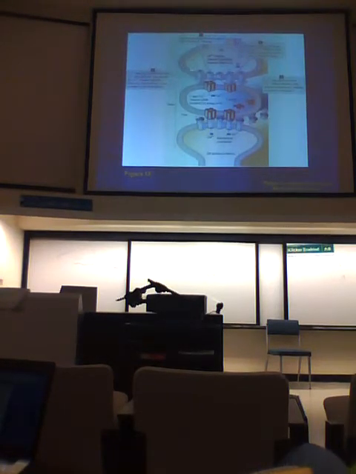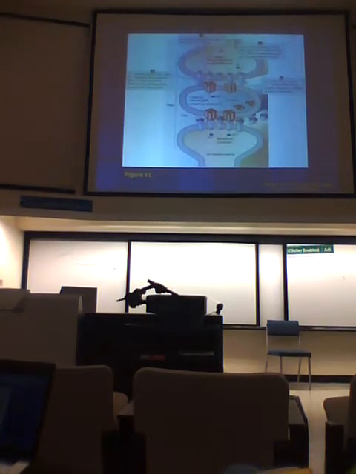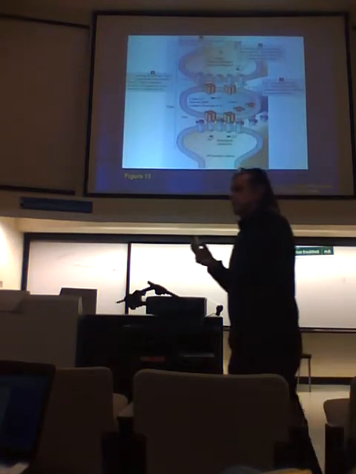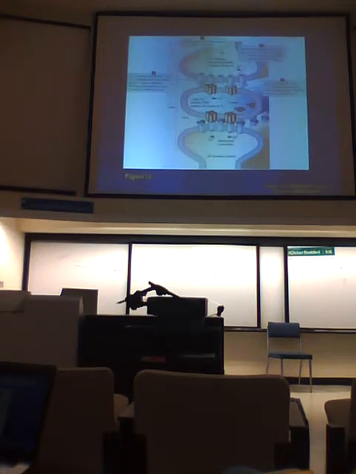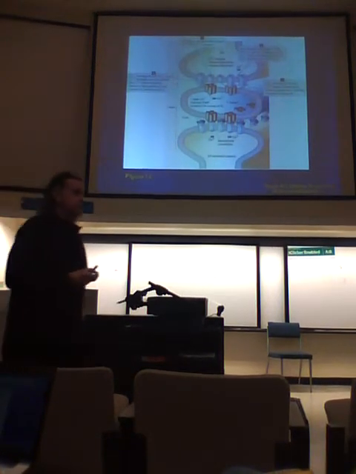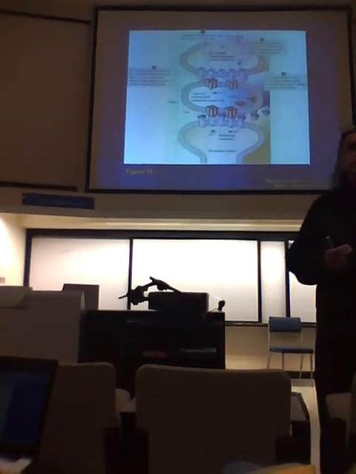So this is SR, and this is also SR. The action potential travels down this and depolarizes this membrane. Located on this membrane is a type of calcium channel called the L-type calcium channel.